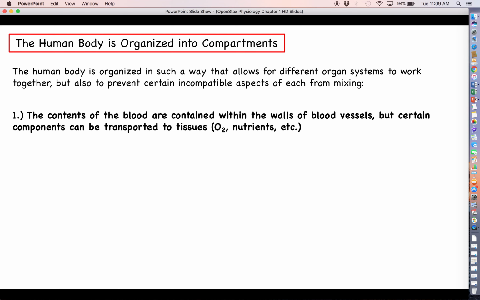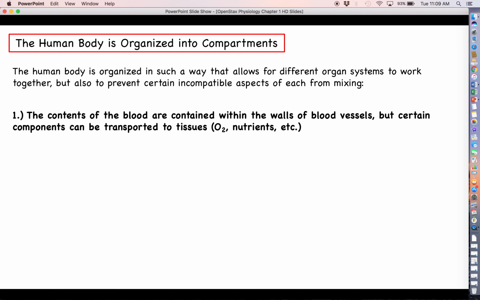A couple of different examples here that I've already briefly mentioned. We keep the blood compartmentalized within the walls of blood vessels. Obviously the whole purpose of blood is to nourish the body and provide things like oxygen and nutrients. So we want to compartmentalize that into thin, narrow vessels to allow us to transport it throughout the body.